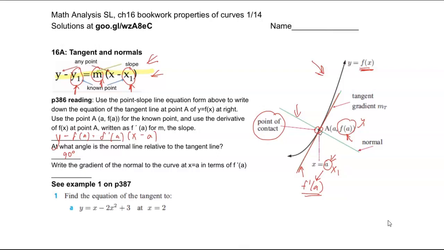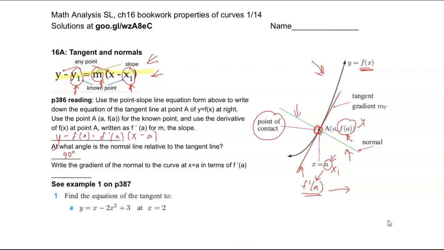Okay, so what about the green line? The green line, we could also write the equation for that. And of course, the x1 and the y1 coordinates are going to be the same because it goes through the exact same point of contact. What about the slope of the normal line? Remember, the normal line is perpendicular to the tangent line. So the tangent line slope is f dash of a. The normal line slope would be the slope that is 90 degrees to that.